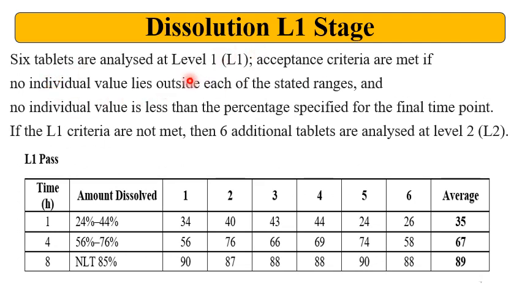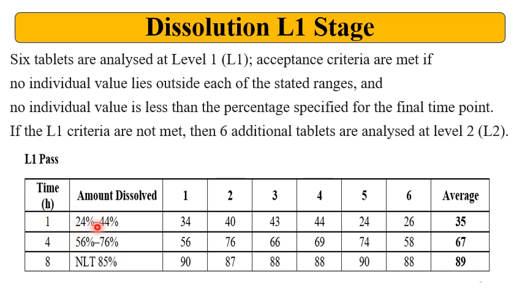For the L1 stage, 6 tablets are tested and the acceptance criteria are met if no individual value lies outside each of the stated ranges. So whatever ranges you have given at the 1st and 4th hour, each individual unit should be within that range.